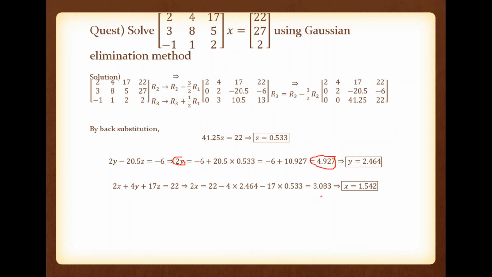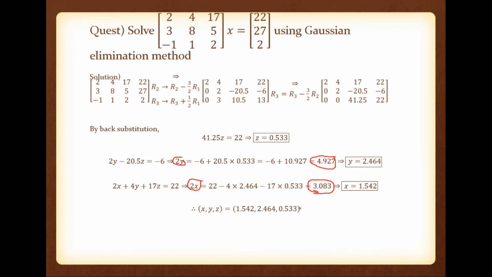So that is equal to 3.083. So please note 2x is equal to 3.083. So x is equal to 1.54 after rounding, because we are using 3 significant digits. So x is equal to 1.542.